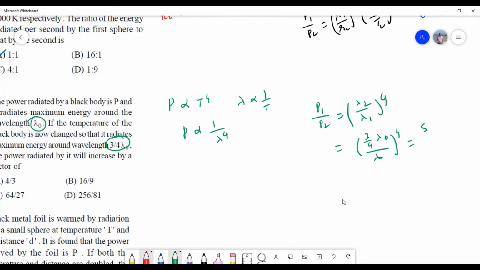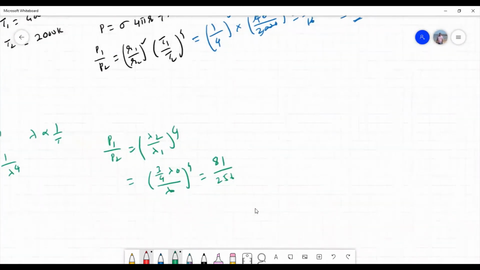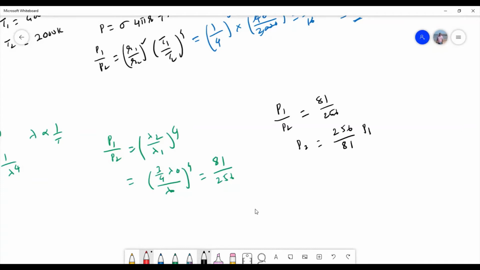So nothing but 81 upon 256. So we got P1 by P2 as 81 by 256. So what is P2? P2 is 256 by 81 times P1.